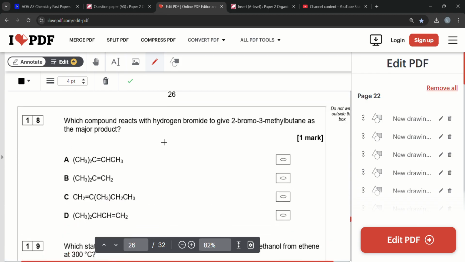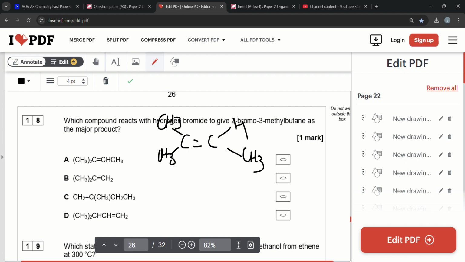18. Which compound reacts with hydrogen bromide to give 2-bromo-3-methylbutane as the major product? Carbon-carbon double bond, we've got CH3, CH3, CH, CH3. 2-bromo-3-methyl.